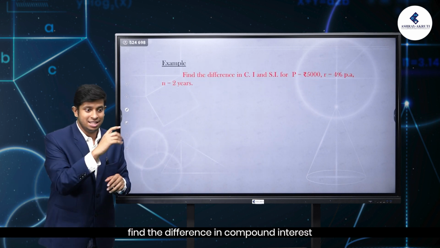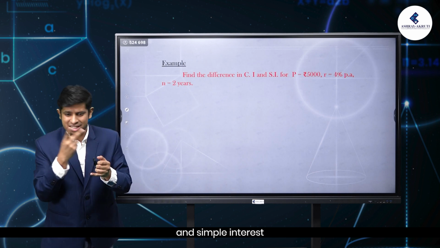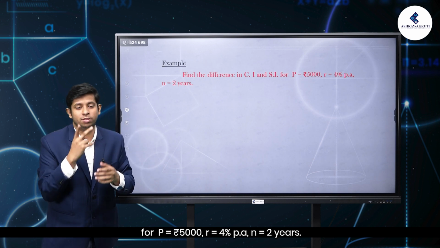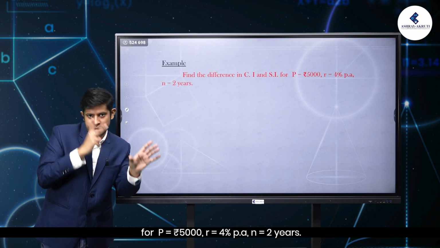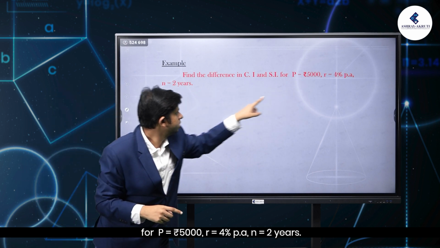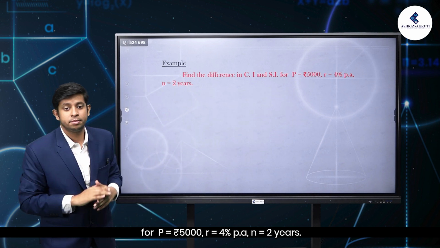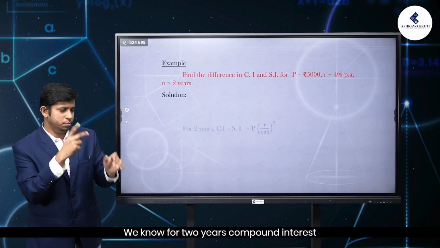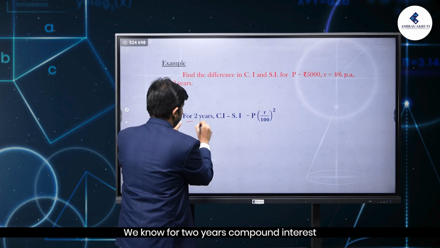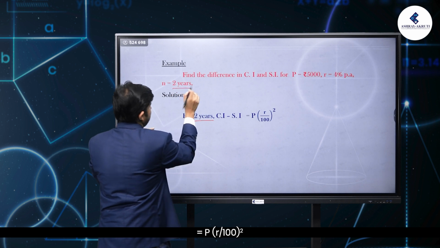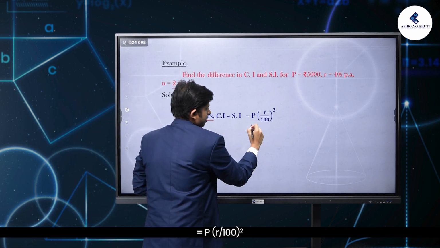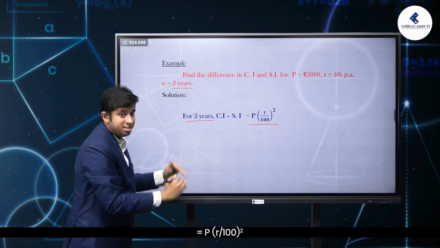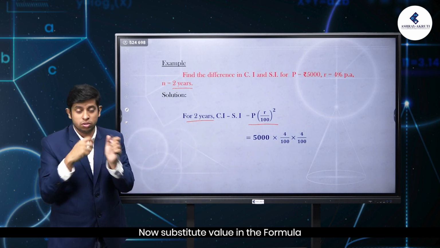Find the difference in compound interest and simple interest for P is equal to rupees 5000, R is equal to 4% per annum and N is equal to 2 years. Solution. We know for 2 years compound interest minus simple interest is equal to P into R by 100 whole square. Now substitute the values in the formula.